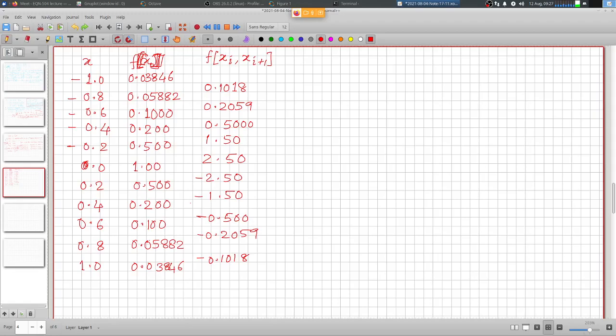So these are the first order divided differences, and now the second order divided difference would be derived from these two. So it would be the difference of 0.2059 minus 0.1018 divided by the difference between this point and this point. So minus 0.6 plus 0.4, 1.0.